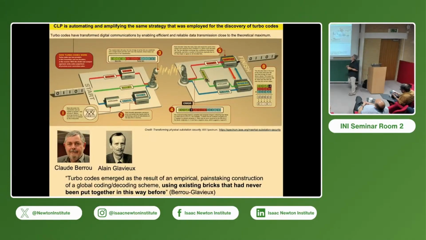Okay, so what this framework is automating and amplifying is the same strategy that was employed for the discovery of turbo codes. Turbo codes have transformed digital communications by enabling efficient and reliable data transmission close to the theoretical maximum. And according to their inventors, Claude Berrou and Alain Glavieux, turbo codes emerged as the result of an empirical, painstaking construction of a global coding-decoding scheme using existing bricks that had never been put together in this way before.